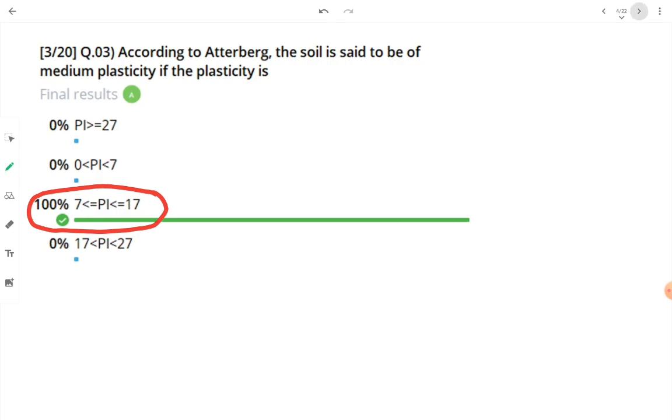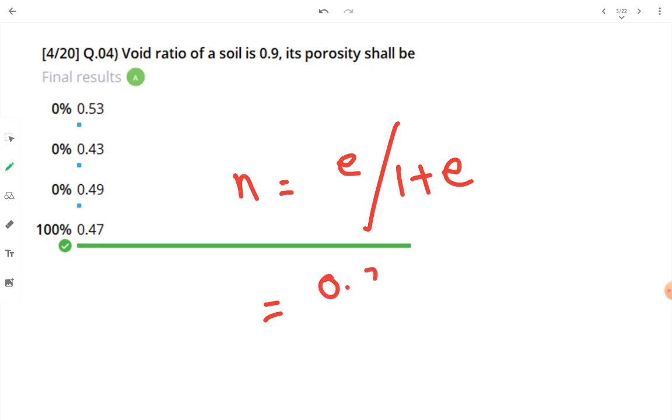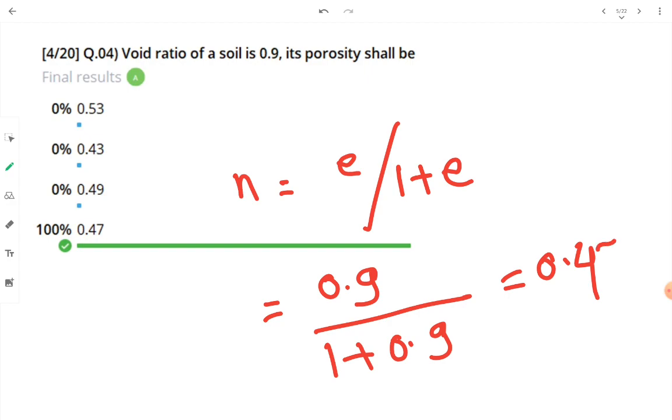Then question number 4 was: void ratio of a soil is 0.9, then its porosity will be. See, when we have to calculate the porosity from void ratio, the formula is n is equal to e divided by 1 plus e. Now, the void ratio is given to be 0.9, therefore it should be 0.9 divided by 1 plus 0.9, and if you calculate this, you will come to a value 0.47.